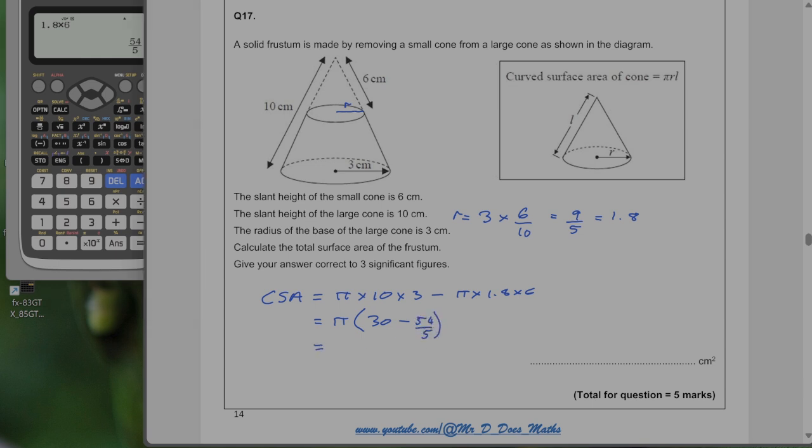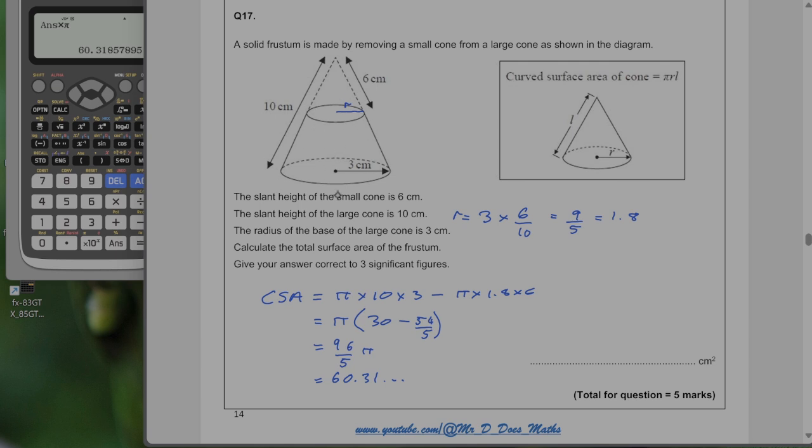That's going to give me 30 minus that answer, and then I want to times that by pi. So we'll do it as exact first of all. So that's going to give us 60.31 dot dot dot. To be fair, I'm going to use that though. So that's going to give us the curved surface area.